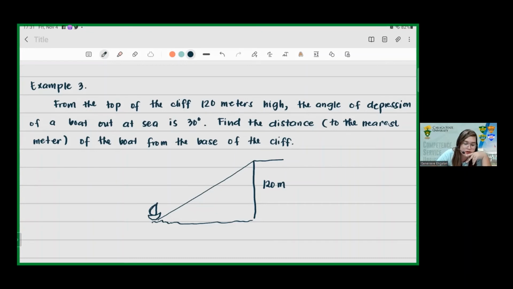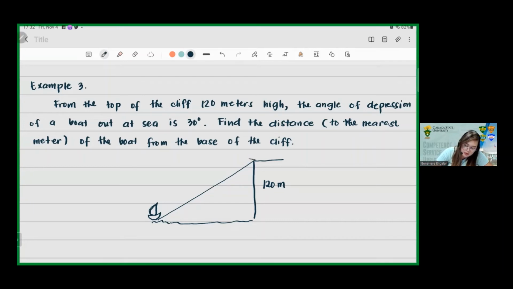Nabali man ni akong drawing. So, dapat ang angle of depression nato is 60? Angle of depression of a boat at the sea is 30.